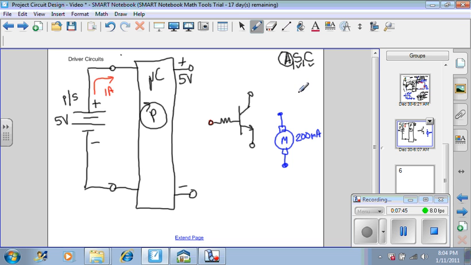You also learned about the transistor when you were beginning your studies that if you have a small amount of current into the base, it will control, if set up properly, a much, much larger amount of current in the collector.